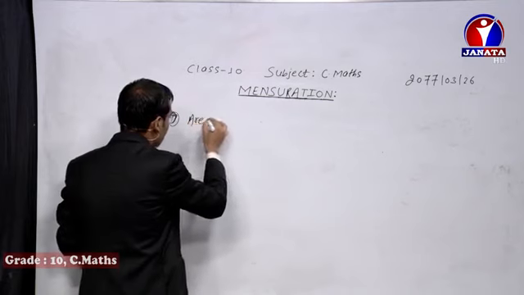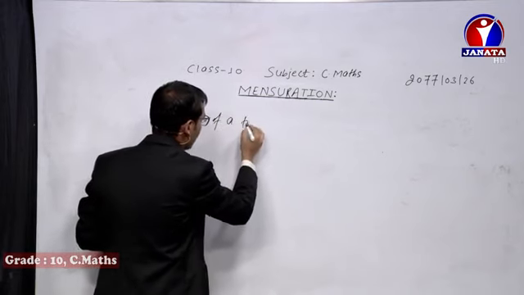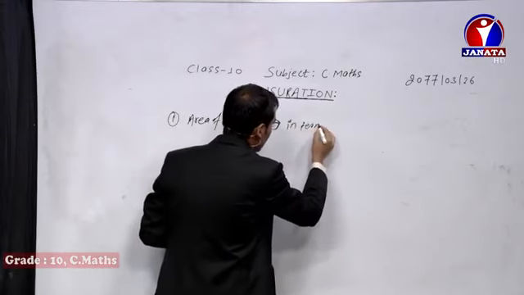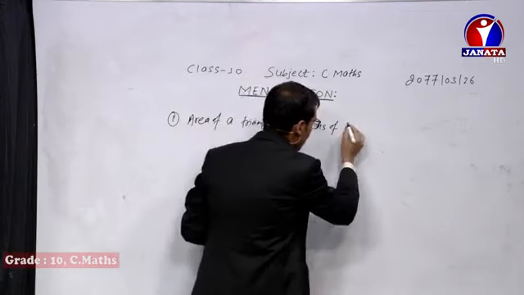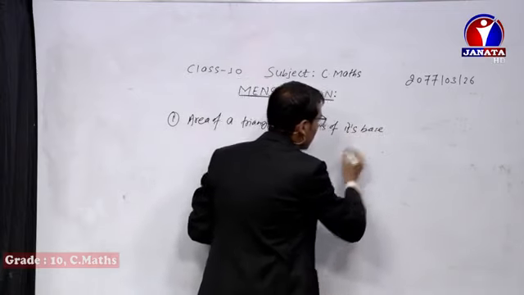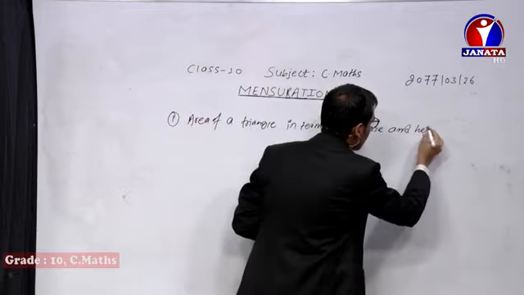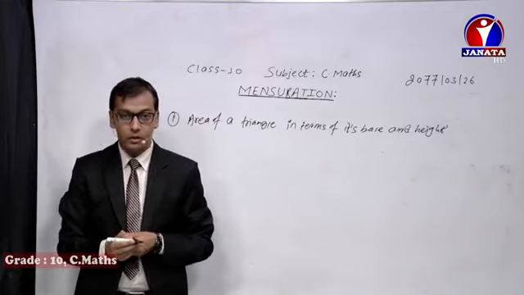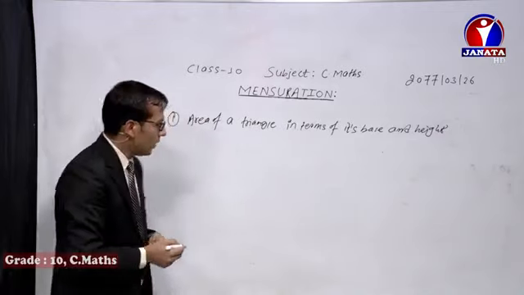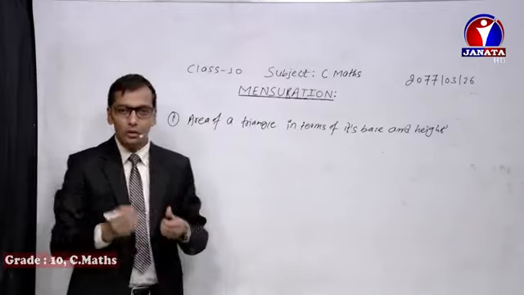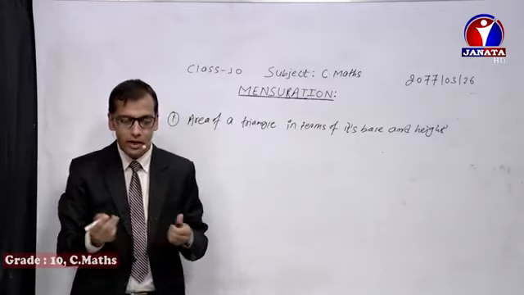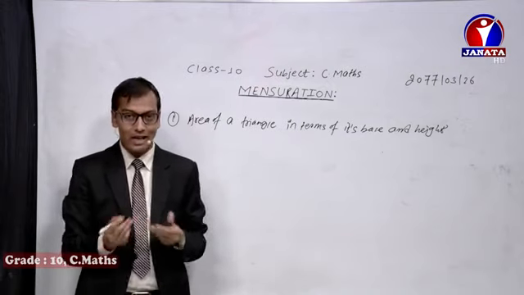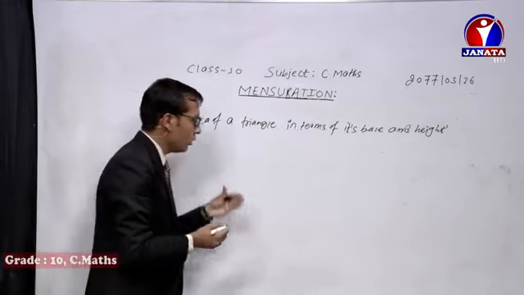Area of a triangle in terms of its base and height. For this, we know the area of a triangle is 1/2 of base times height. But why? Let me show here.